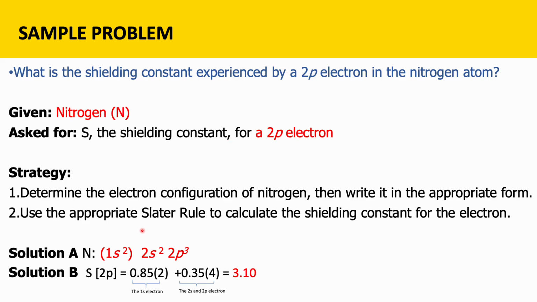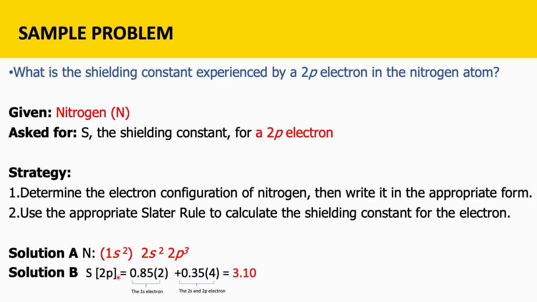The first strategy I recommend is to write the electron configuration of nitrogen, then group it appropriately, and use the appropriate Slater rule to calculate the shielding constant. The Slater rule to use for 2p is ns, np, so you use the table corresponding to the np electron type.